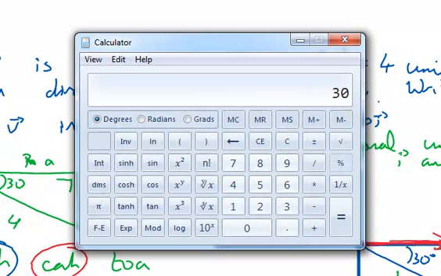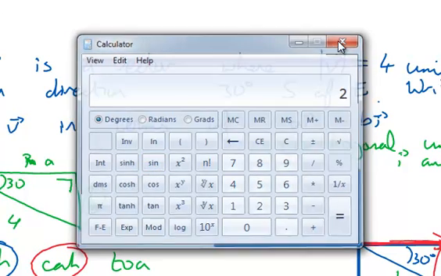So if I go 30 sine times 4 is equal to 2. So it's equal to a magnitude of 2. But just notice from the diagram here that it's negative. So it's equal to 3.46i minus 2j. And that's that answer.